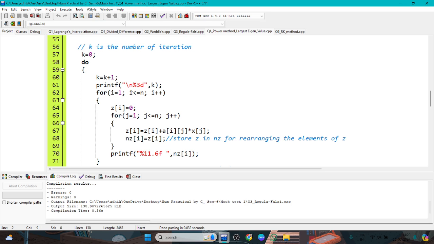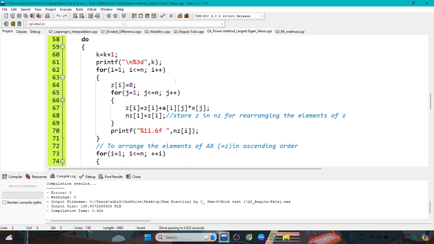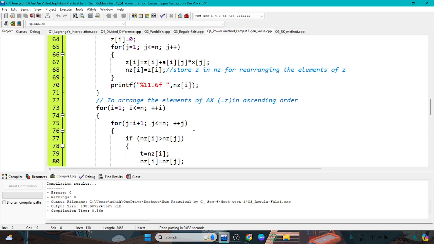For i equal to 1, i less than or equal to n, i plus plus, zi equal to 0. For j equal to 1, j less than or equal to n, j plus plus, zi equal to zi plus aij star xj, and store z in nz for rearranging the elements of z, printf nzi.